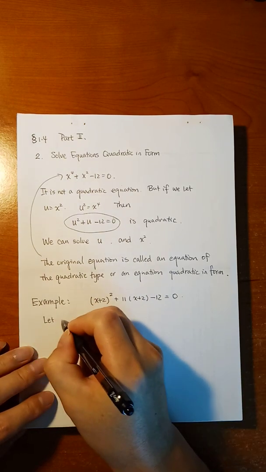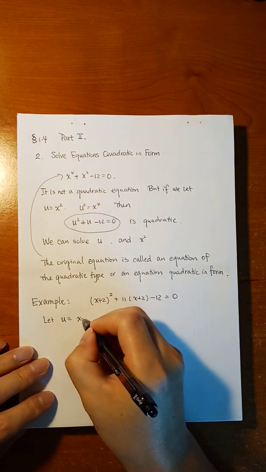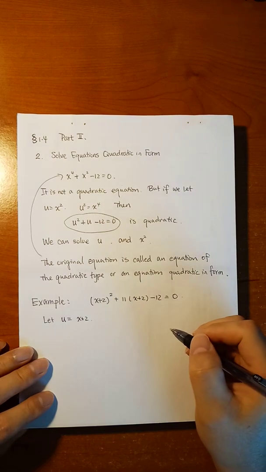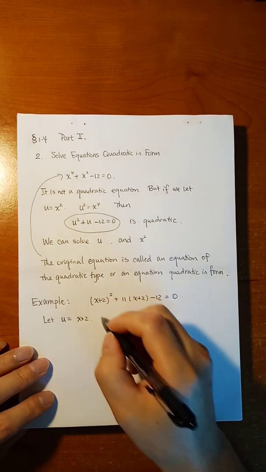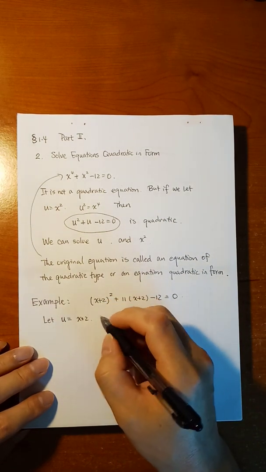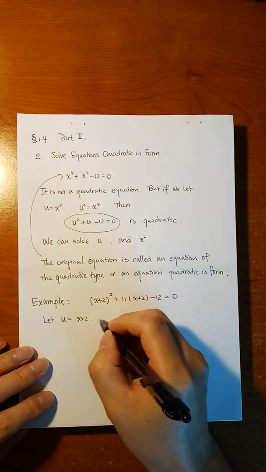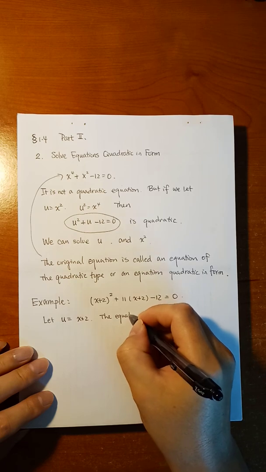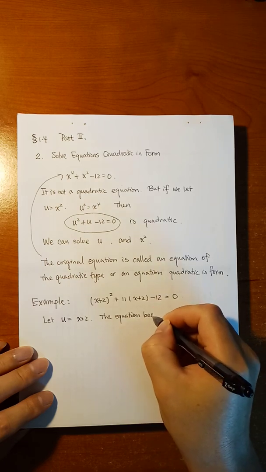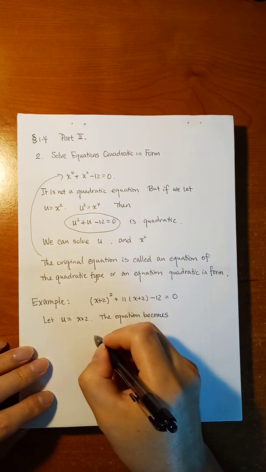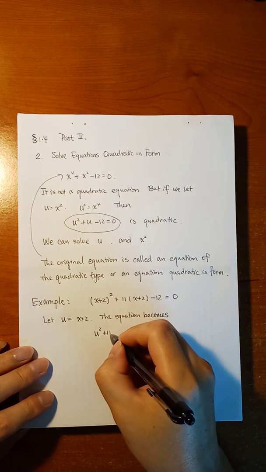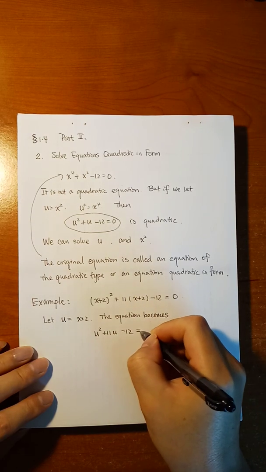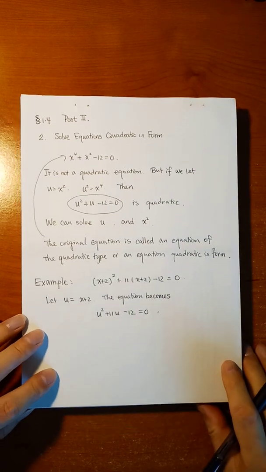So let u be x plus 2. If u is x plus 2, the equation becomes u squared plus 11u minus 12 is equal to 0.